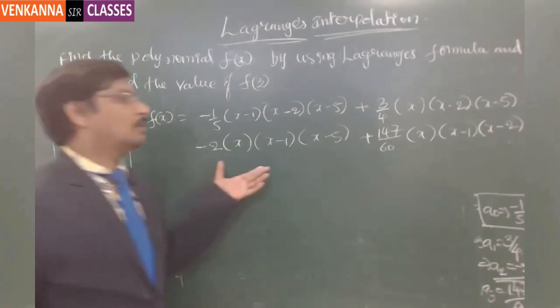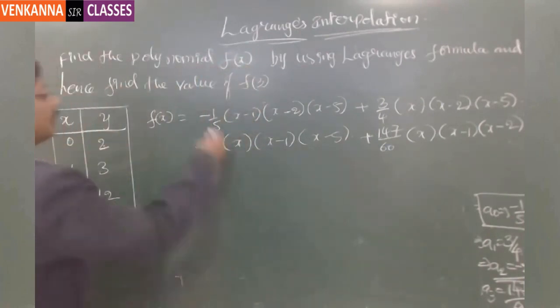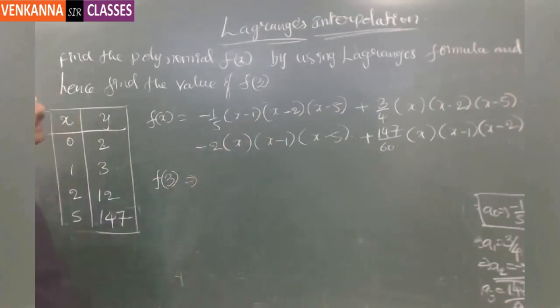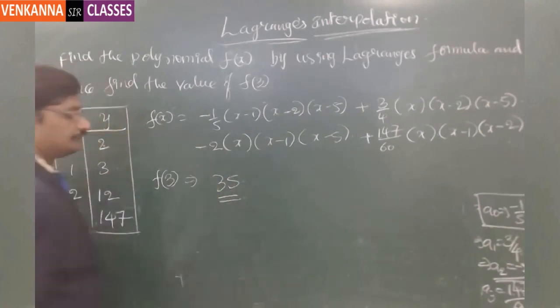Now this polynomial you can calculate for any value. So he asked to find out f of 3. Now f of 3 you can substitute in this and then find out the value of it. Got it? I think so. This value is 35. Yeah, somebody already calculated 35, the answer.